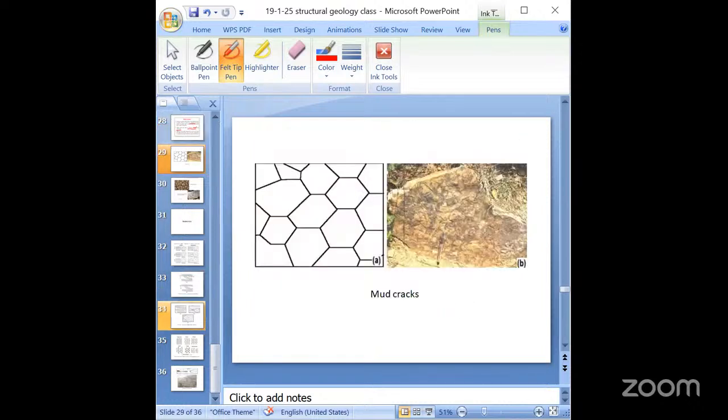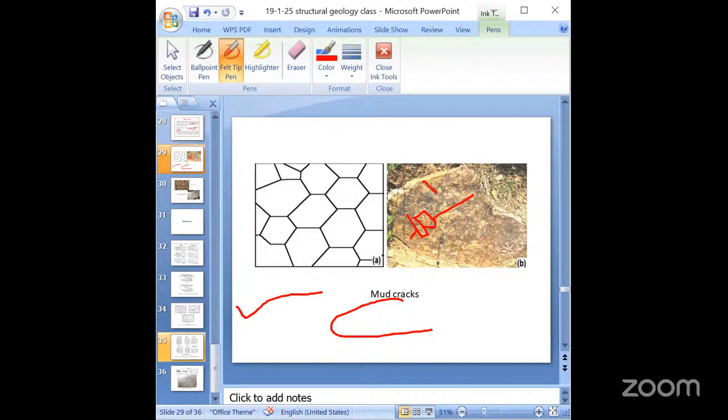Now you see these are the pictures of mud cracks. This one is the real picture, and we also have sole structures. Sole structures include flute marks, right? Flute marks look like this one or this one.